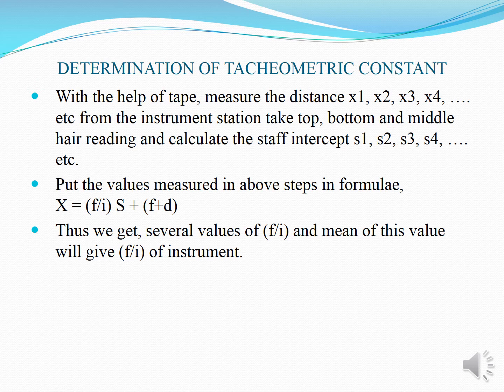By putting in the known values, you can calculate several values of the multiplying constant, and the mean of these values will give the final f upon i value, the multiplying constant of the instrument. By following this procedure, you can easily determine the tachometric constants.